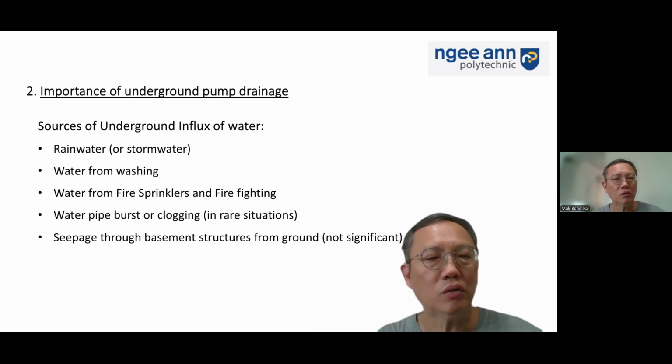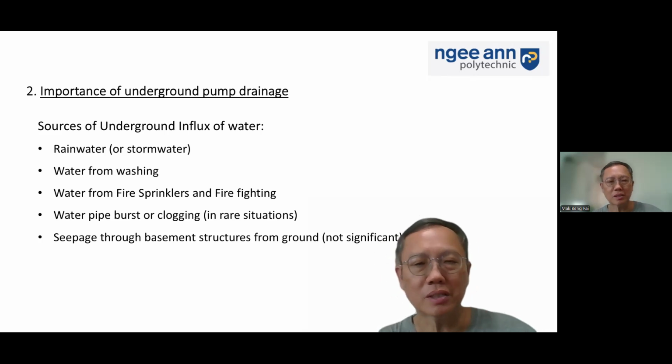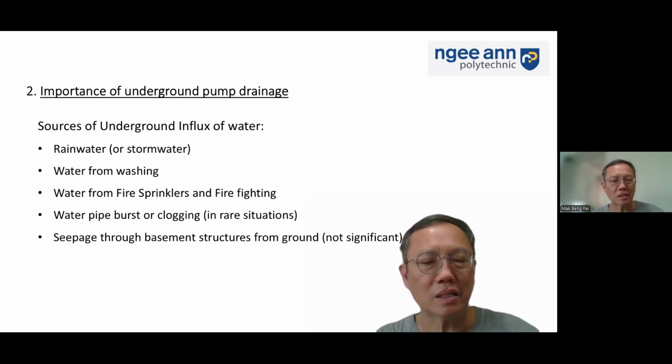Then sometimes you may have a water pipe burst or clogging, and seepage to basement structures. Now, this seepage is very negligible, so we are not really concerned with this, but we are more concerned with storm water, because these are one of the largest quantities of the influx of water.